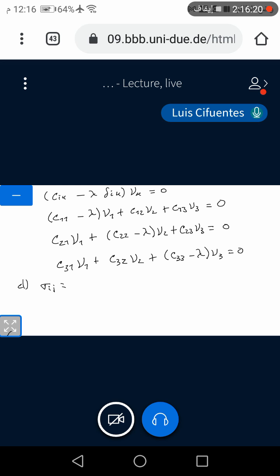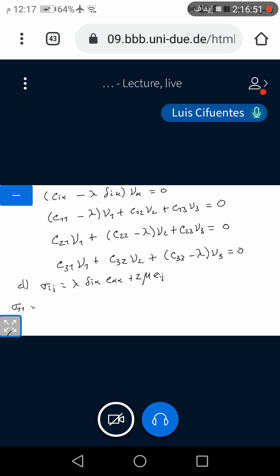And this sigma is represented with the following expression: lambda e_kk delta_ij plus 2 nu e_ij. So for the first component of this tensor, say that we have here sigma 11.